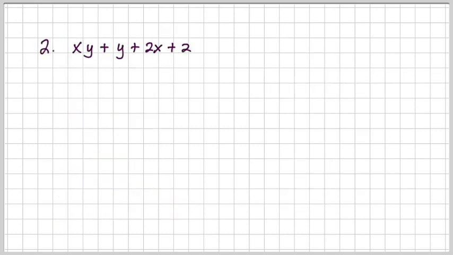All right, so we've got xy plus y plus 2x plus 2. If you'd like, you can go ahead and try it and then watch the video. Either way, let's go ahead and do it now. So first of all, let's group our terms, our first pair and our second pair. And if you look at xy plus y, the only common factor is the y factor.